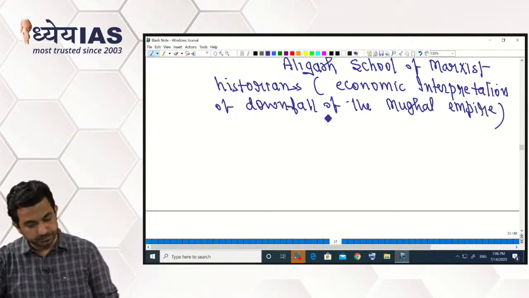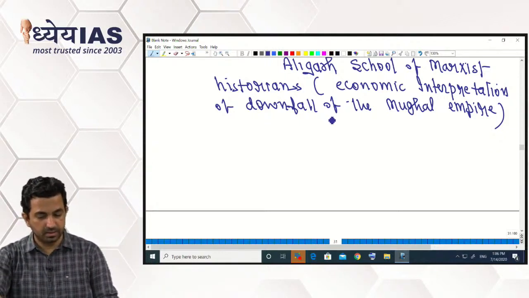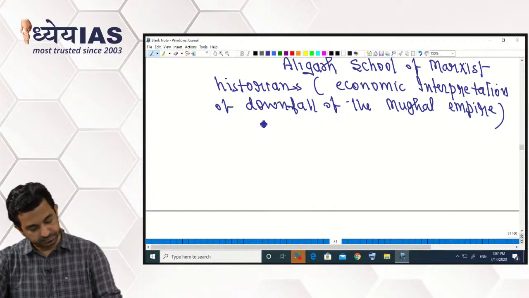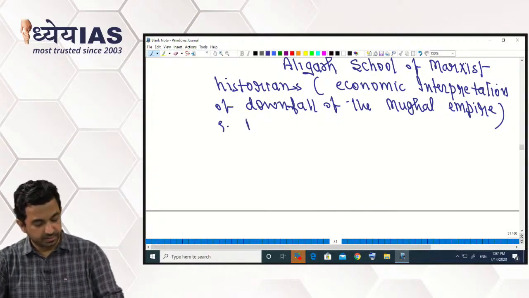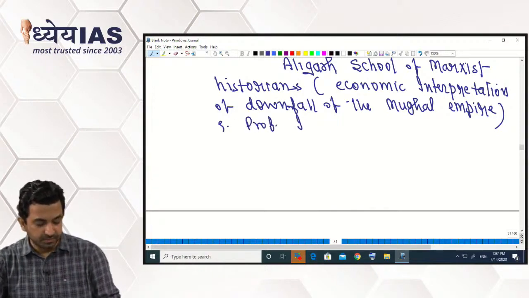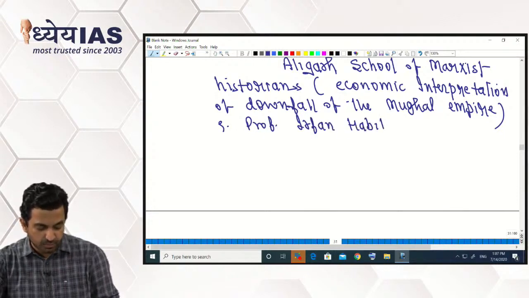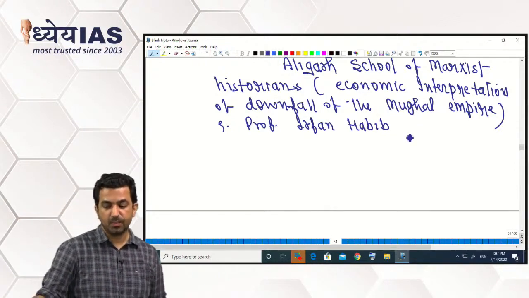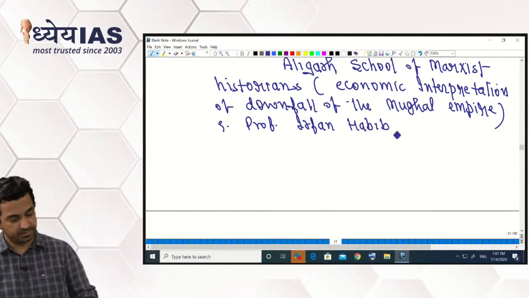So what they said, historians such as Professor Irfan Habib, a very renowned professor from Aligarh School of Marxist historians.